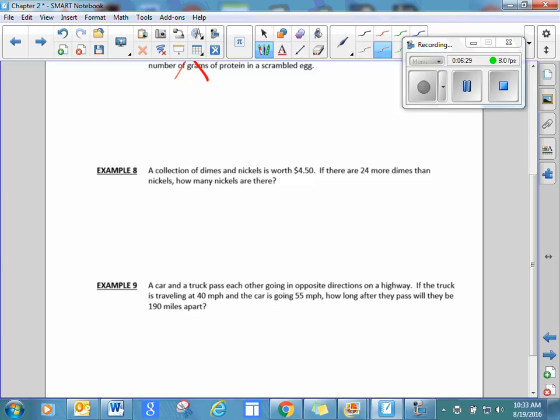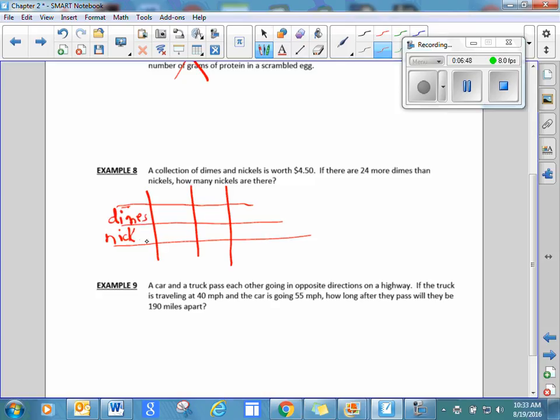Let's see what we're going to do here. If I can make a chart, I should have probably already done this. And this is going to be dimes. These are our players, dimes and nickels. And then for our columns, we are going to put the value of the coin, the value in one coin.